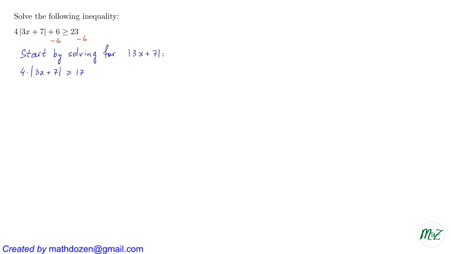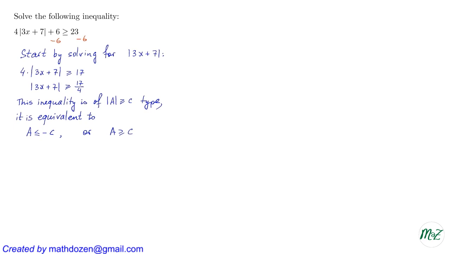Now if we divide both sides by 4, we have absolute value of 3x plus 7 being greater or equal than 17 over 4. So this is an inequality of the type absolute value of some expression being greater or equal than a constant.